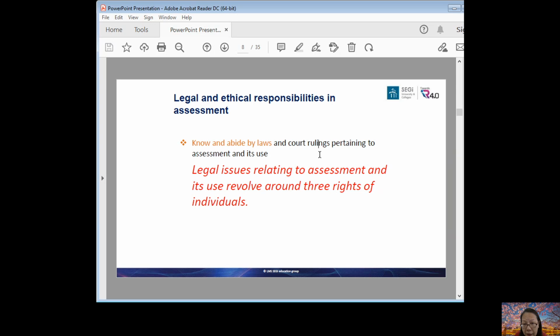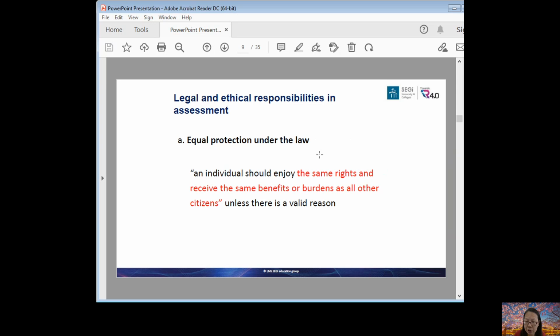Let's look at the next slide. It says equal protection under the law. An individual should enjoy the same rights and receive the same benefits or burdens as all other citizens, unless there is a valid reason.